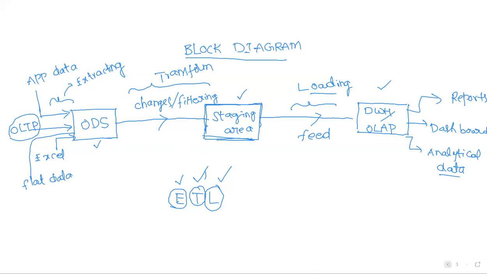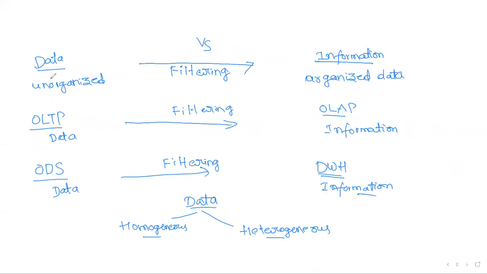Now I go back to this. See, left side is data, unorganized. Right side is information, organized data. It means in between, for this filtering, we apply ETL tools. So ETL is generally a process. It is not simply, you can say, testing. You have to do some changes also in this.